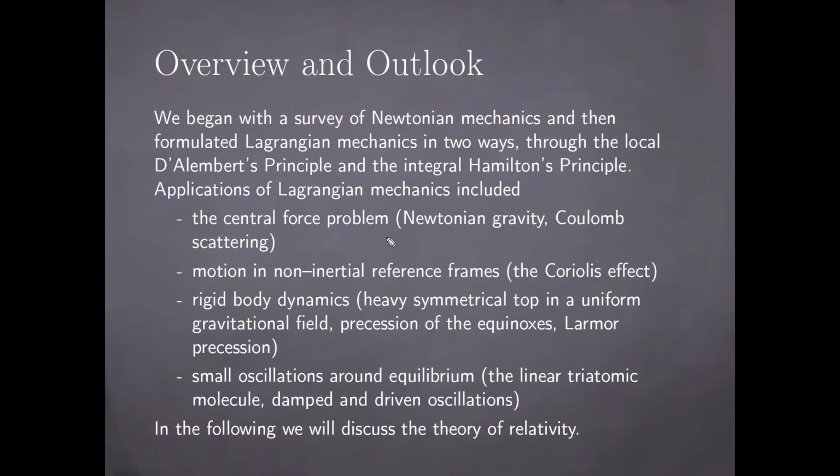Now, as an overview of the entirety of the discussions up to this point, we began everything with a survey of Newtonian mechanics, and then we formulated Lagrangian mechanics in two ways, through the local D'Alembert's principle and through the integral Hamilton's principle.